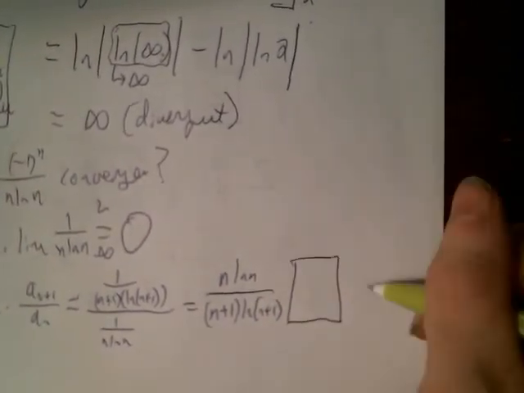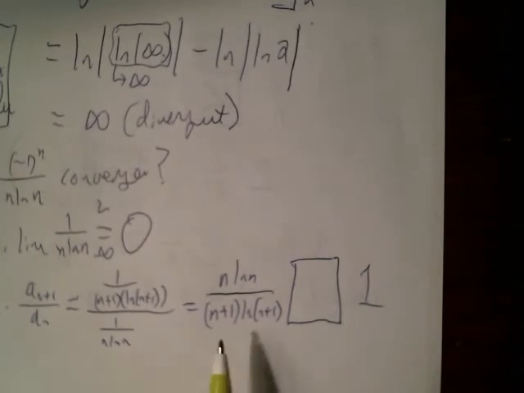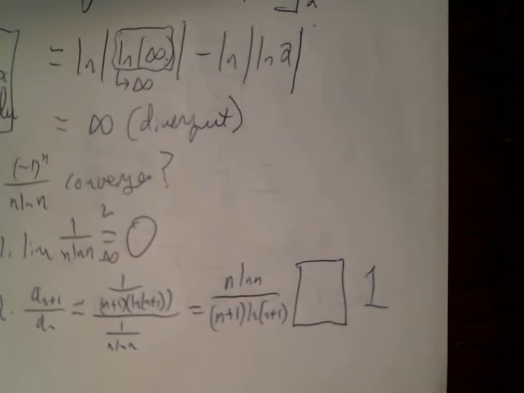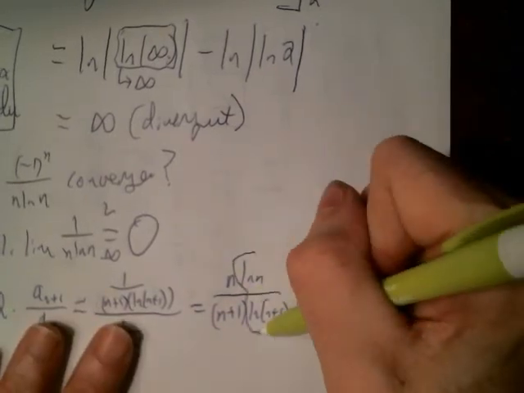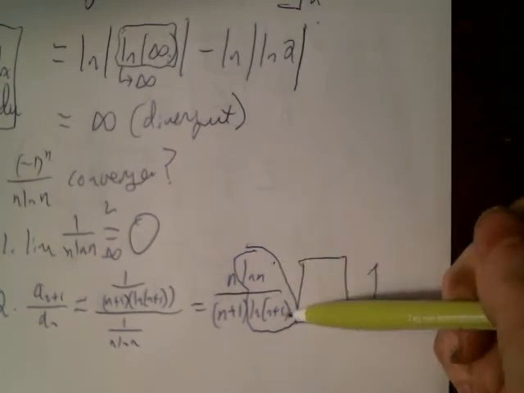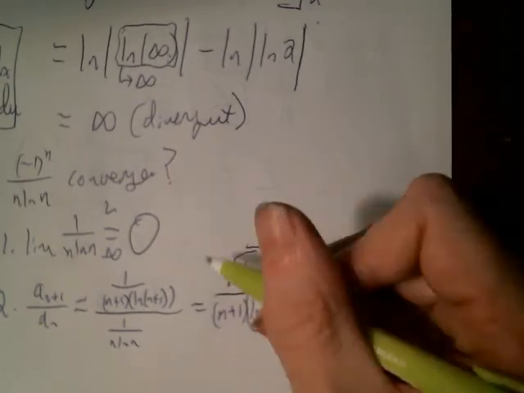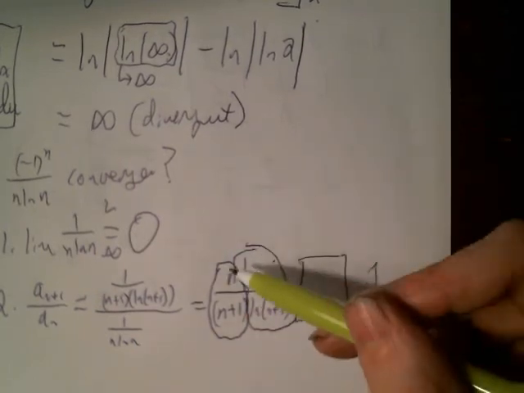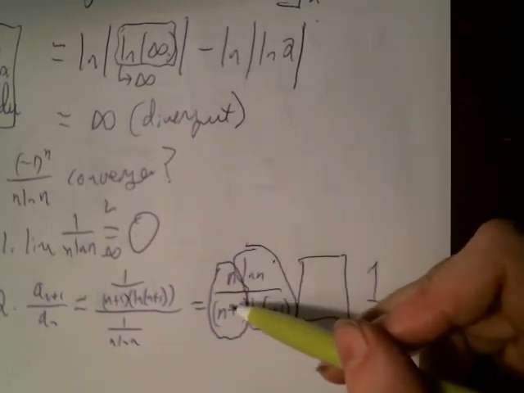And then I'm comparing that to 1. The natural log of n is an increasing function. So just this on its own is going to be something small over something bigger. On the other hand, this part right here also has that same characteristic, something small over something bigger.